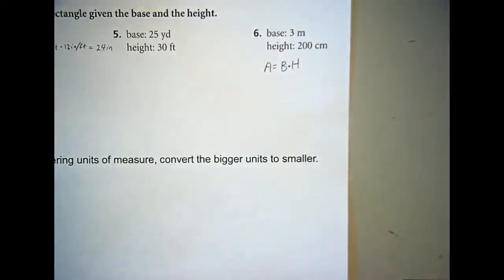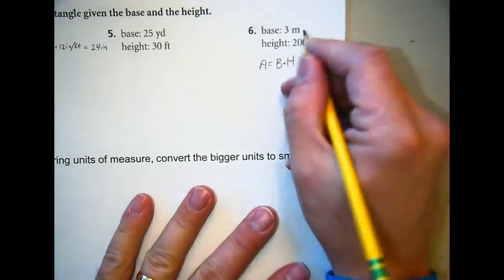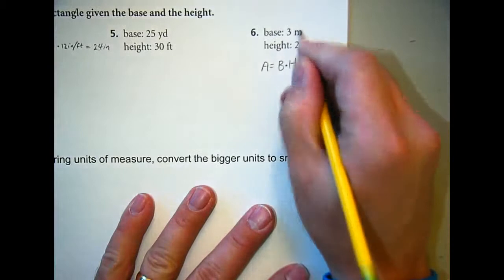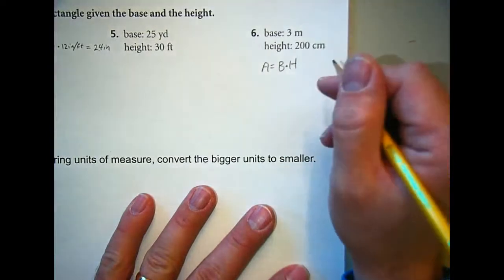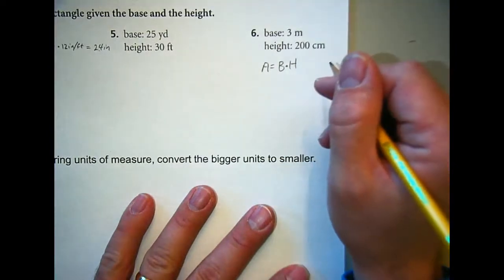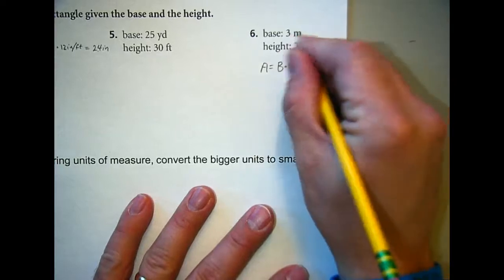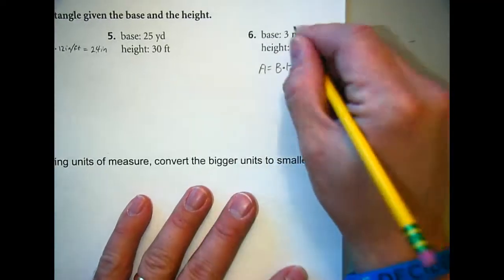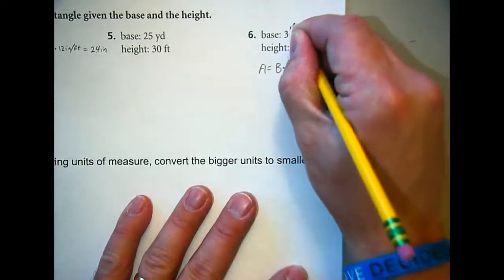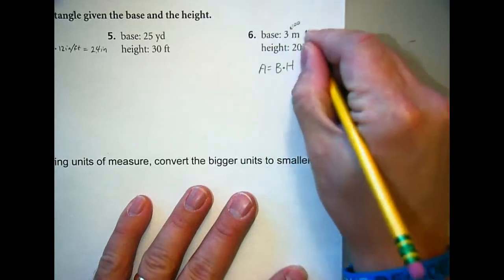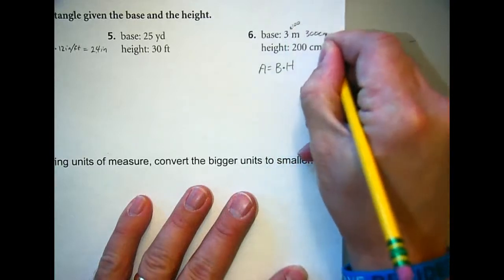Okay, what's smaller, centimeter or meter? Centimeter. So we always want to convert the bigger to the smaller. So how many centimeters are in 1 meter? 100. So 3 meters, 3 times 100 is 300 centimeters. Those are the same measure.